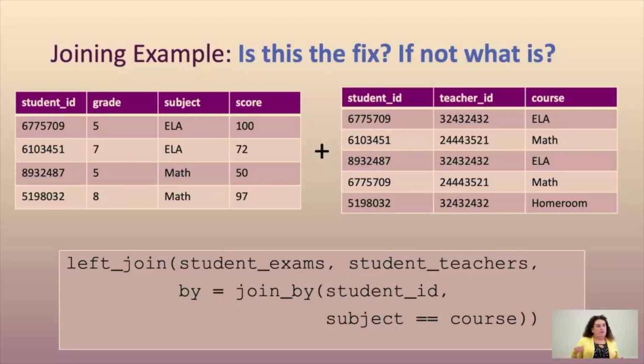We didn't cause new duplicates, which is good. However, we didn't fix the actual join problem because we have this weird thing called homeroom, which is neither ELA nor math. You might remember back to your childhood when you sat in one classroom all day, and we called that homeroom, or at least in this particular data set, we call that homeroom.